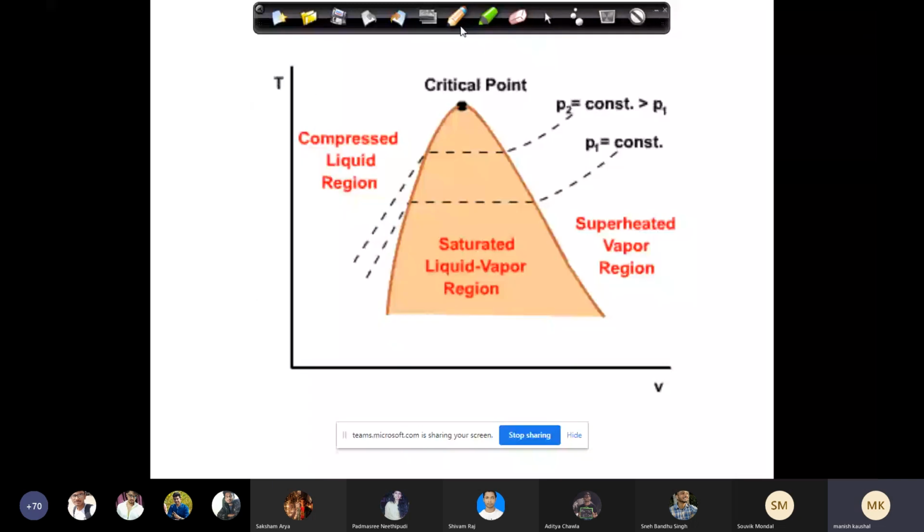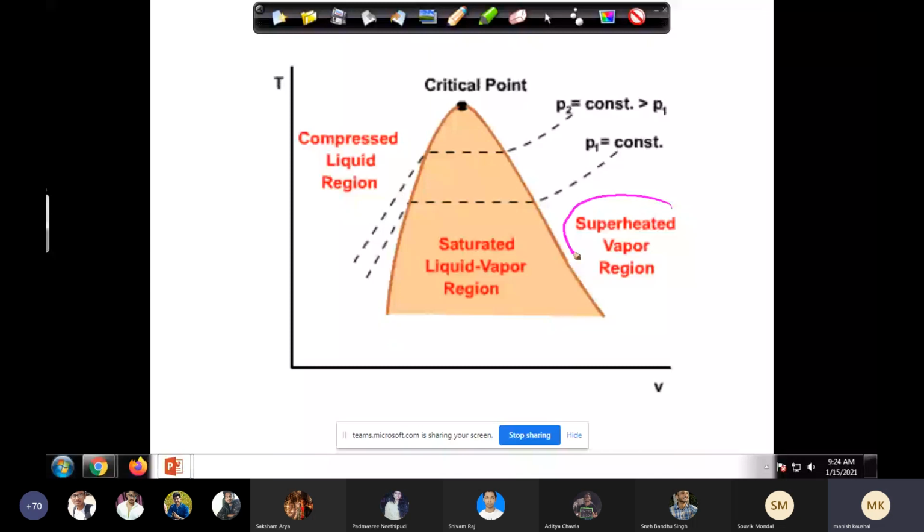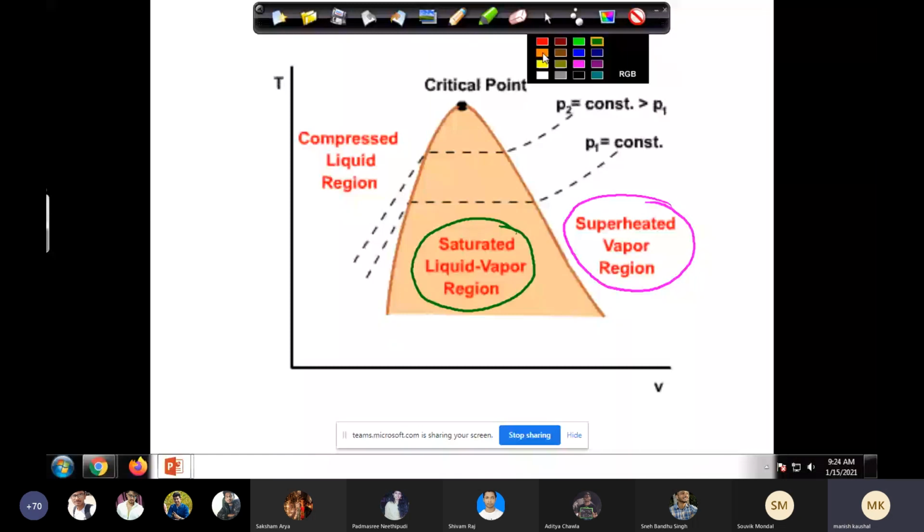Okay, as I told you, this is the saturated liquid vapor regime, means a mixture of both, and this one is called the compressed liquid regime, and this is our critical point. That is the rough idea of this phase diagram.